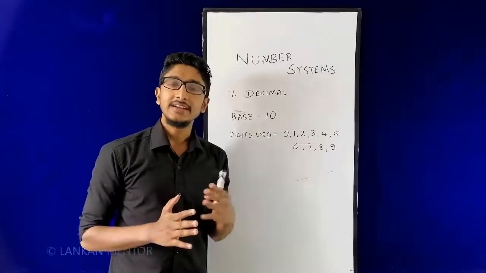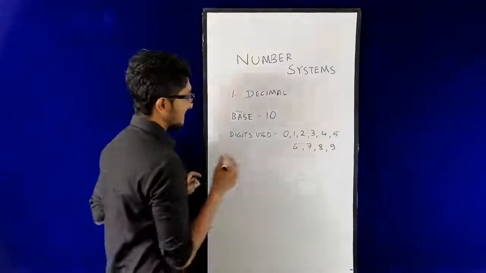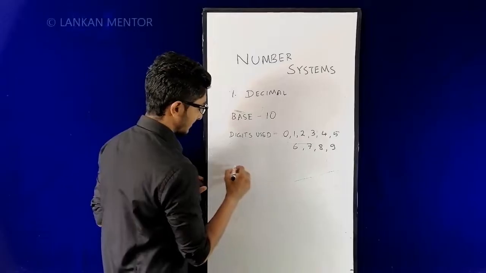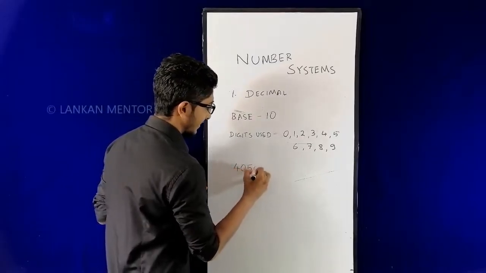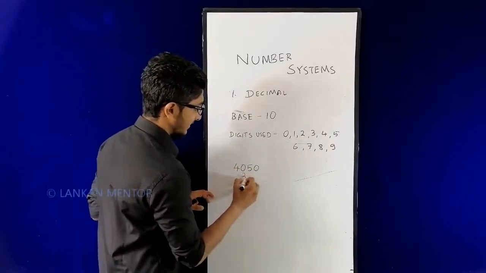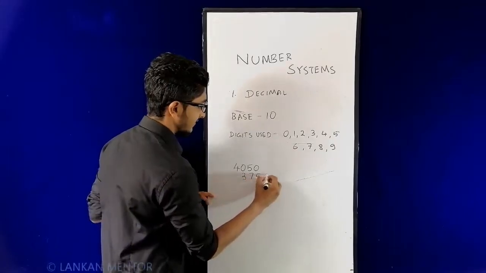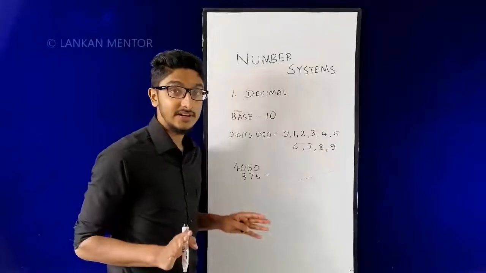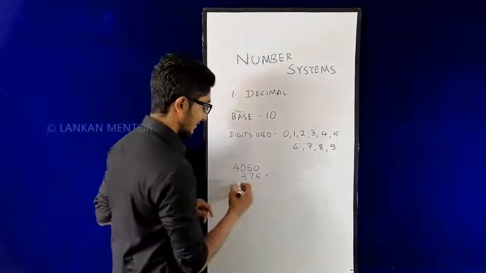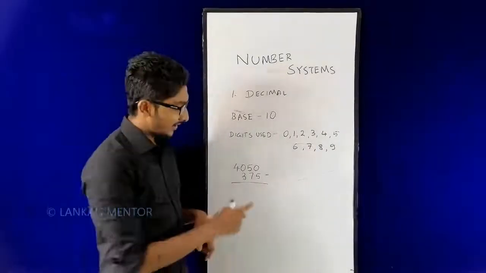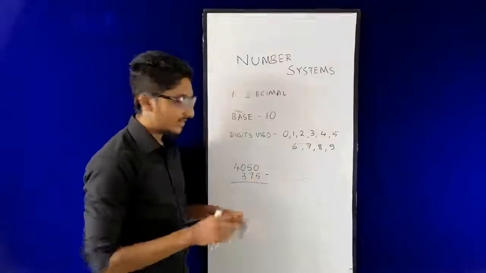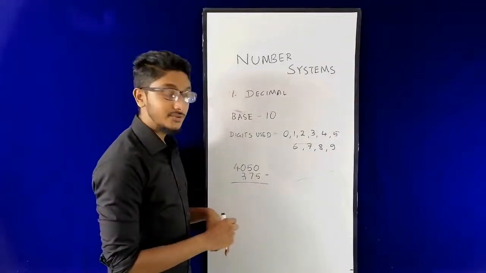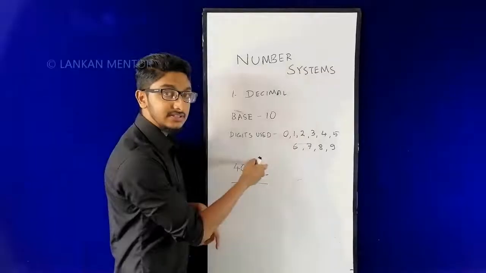Just take an example. Let's say I'm writing 4050 minus 375. Now I'm going to do a subtraction here. As usual, 5 cannot be subtracted from 0, so you borrow 1 from this side.